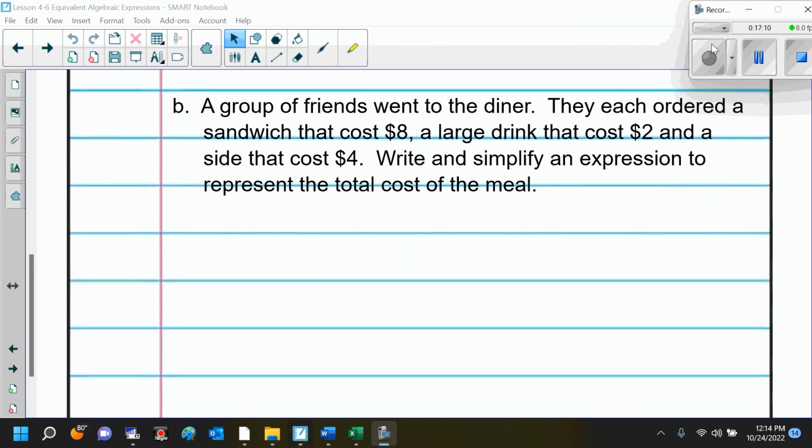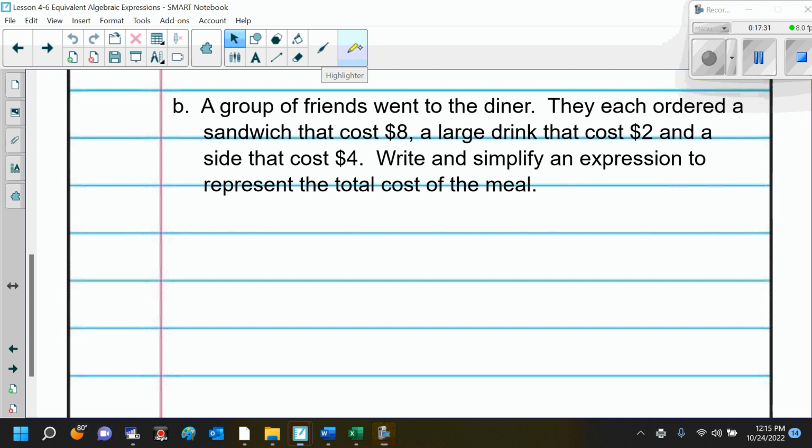So a group of friends went to the diner. They each ordered a sandwich that cost $8, a large drink that cost $2, and a side that cost $4. We want to write and simplify an expression to represent the total cost of the meal. Okay?